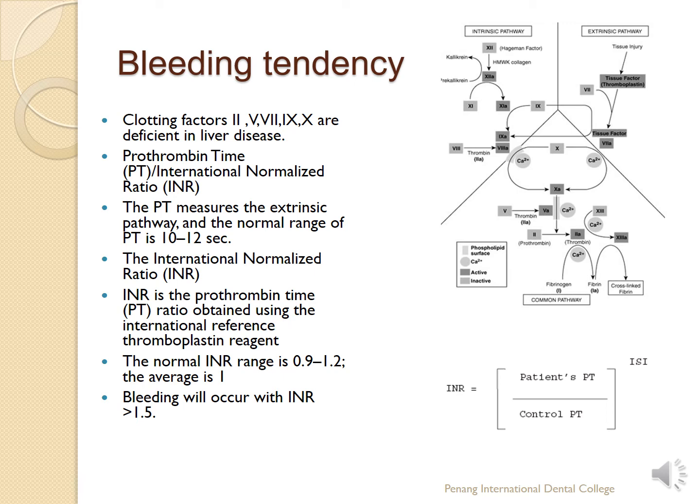INR is the ratio of the patient's prothrombin time to the control prothrombin time, and the range is between 0.9 and 1.2. The average is 1, and you can have an INR up to 1.5. The maximum permissible limit should be not more than 1.5.